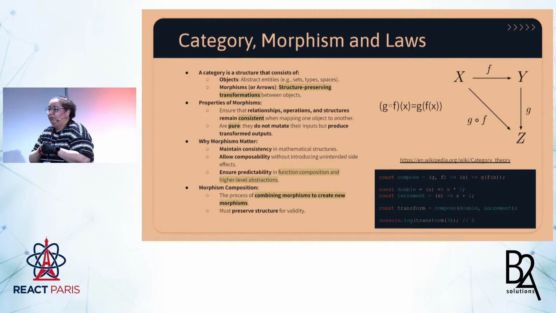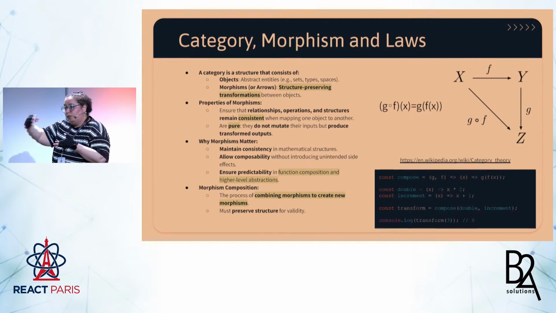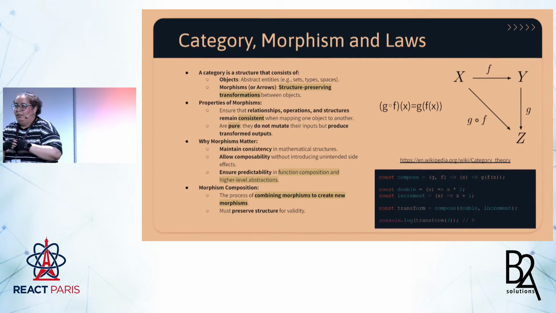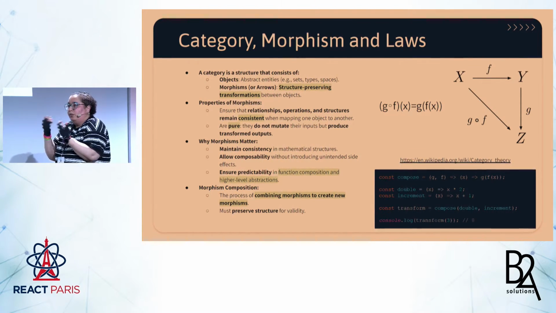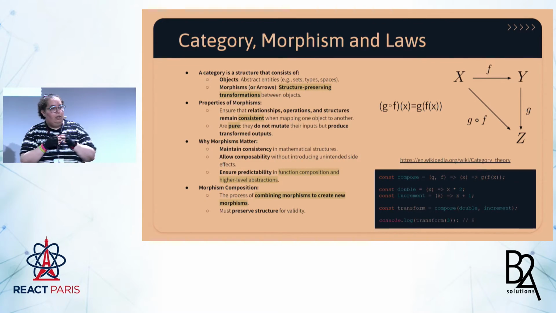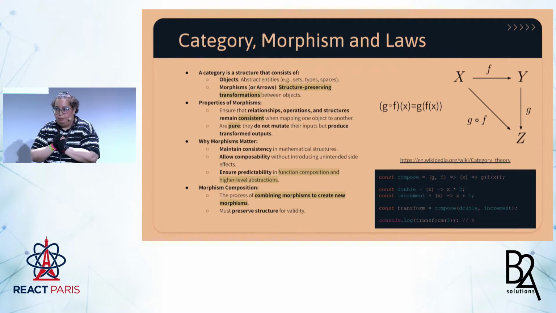Objects can be, for example, sets or any type of data, and the change from the input to the output is called a morphism. A morphism is a special change that does only transformation. And the beauty is that it preserves the structure. So we do transformation and we preserve the structure.